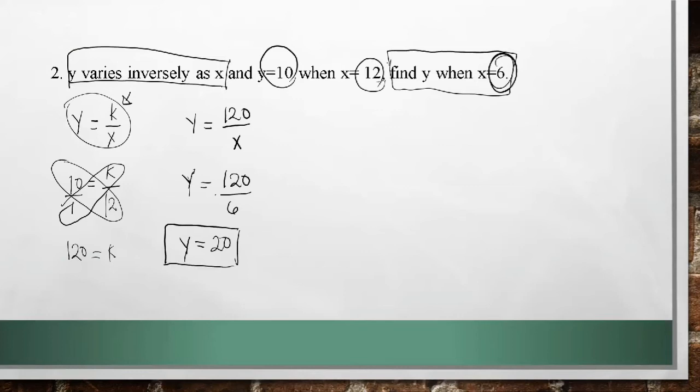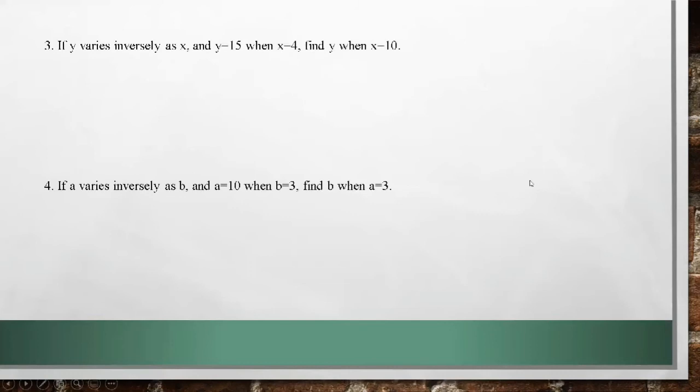Now let's have the last two examples in our inverse variation. So here is, if y varies inversely as x. So first, let's have our formula. Y varies inversely as x. And there is no given constant of variation, so we need to find the constant of variation.